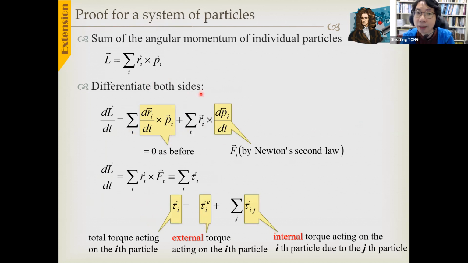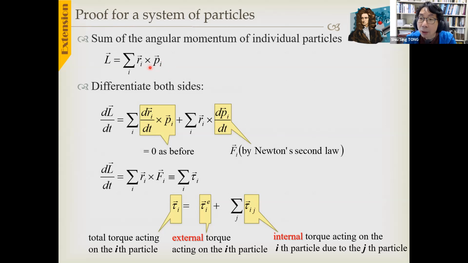Now, how about a system of particles? This is more difficult actually, but you can manage to understand it if you are careful enough. Now, we form a summation of r_i cross p_i. r_i and p_i are the position and the linear momentum of the i-th particle.